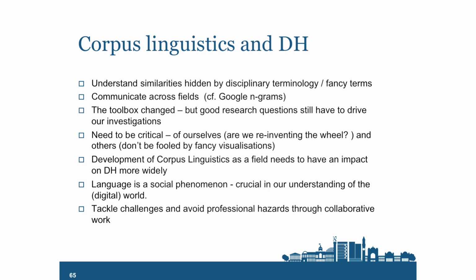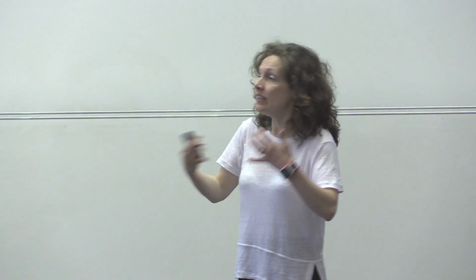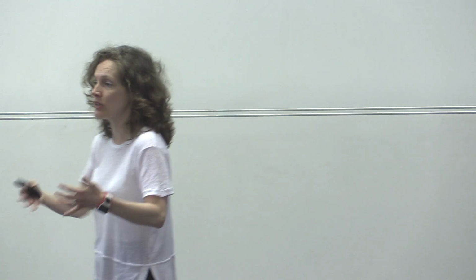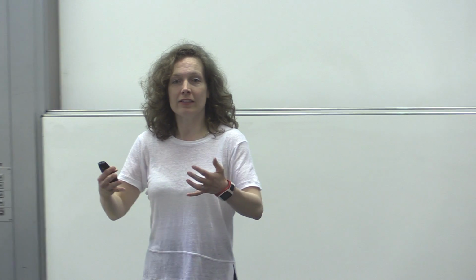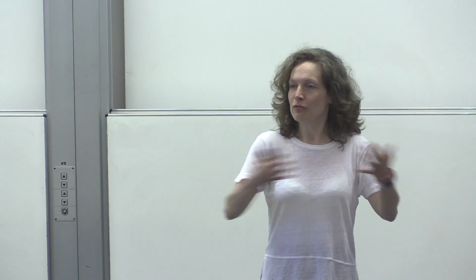So, and I think that corpus linguistics as a field needs to have an impact on digital humanities more widely, because over the past 30 years we had all these discussions about theory and method, and is a corpus representative of something? So we would have never just taken Google Books and then made a claim on something, because people have talked about balance and design forever.